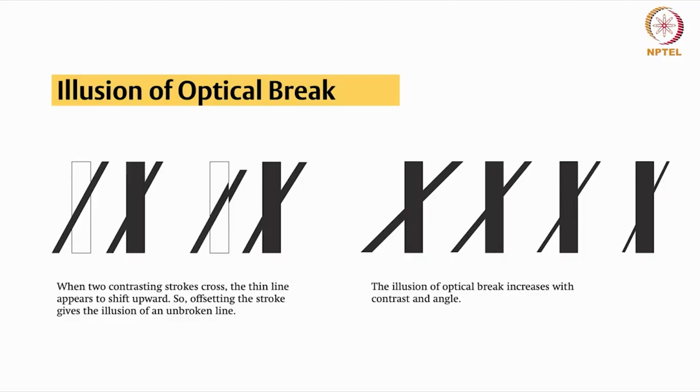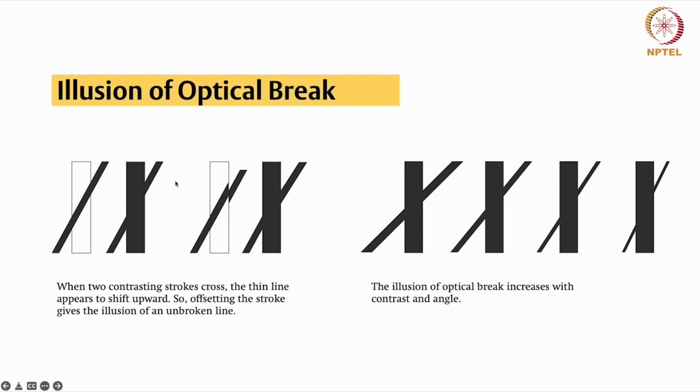Okay. So when two contrasting strokes cross, the thin line appears to shift upward, right? If you look into this example, where thin and thick strokes have been used, it feels like the line has moved upward, so it is not in a straight line.